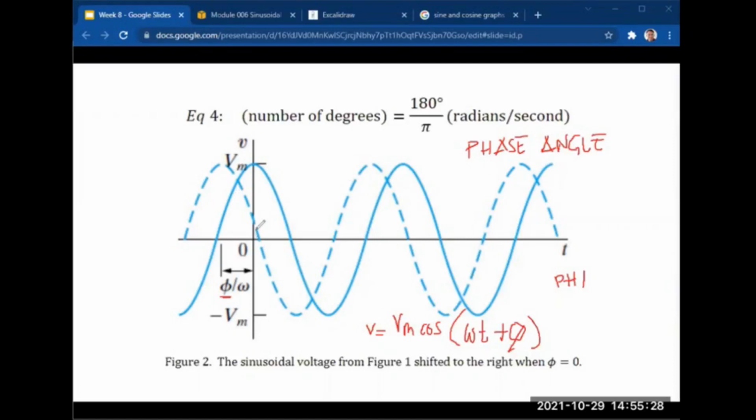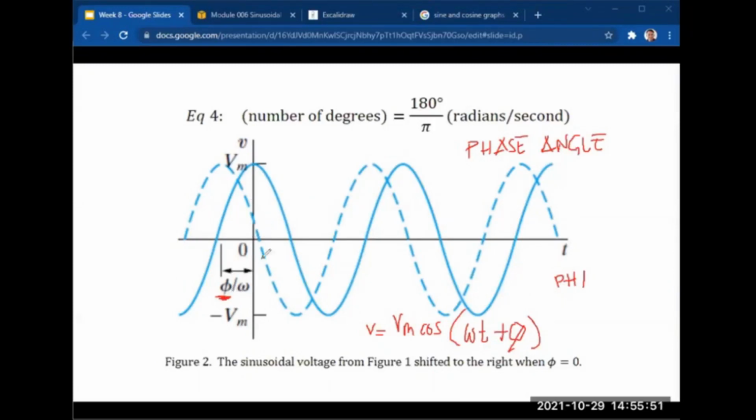For example, if this is the original signal, and because of certain factors the signal will be phased, or there will be a change in its angle, it will be shifted. That shift is the phase angle, or phi.